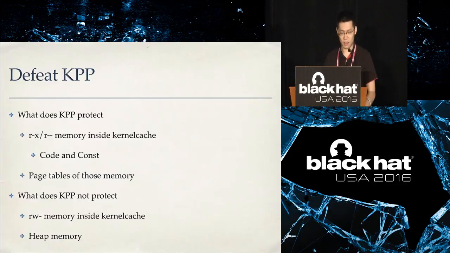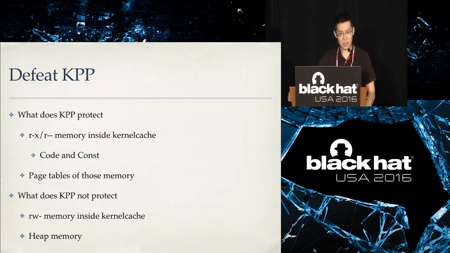So the way we did it was to run some black box tests to find the weakness of KPP. As a result of our tests, we first asked what KPP protects. We realized that all the read-only and read-and-executable memory inside the kernel cache is protected by KPP. If you modify any of this memory, a panic will be triggered.